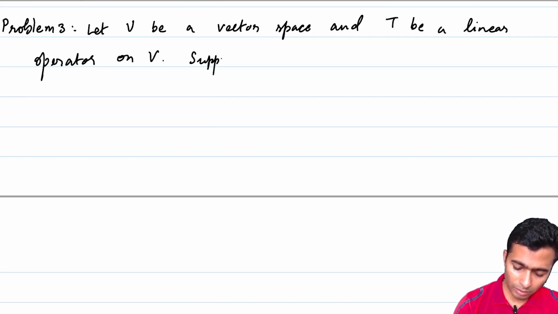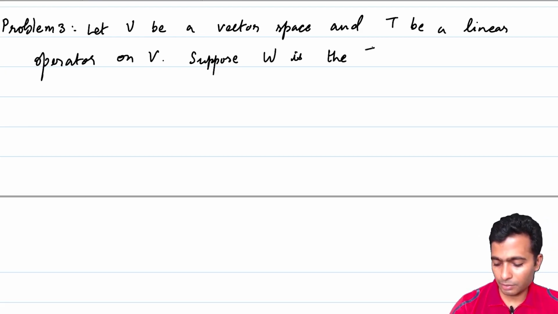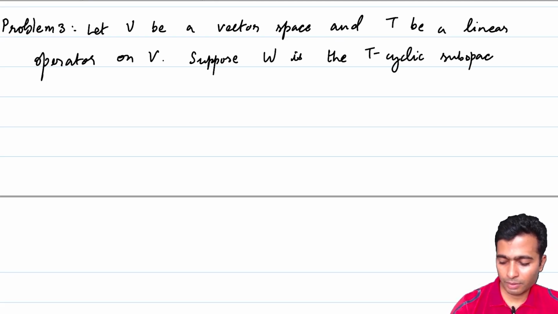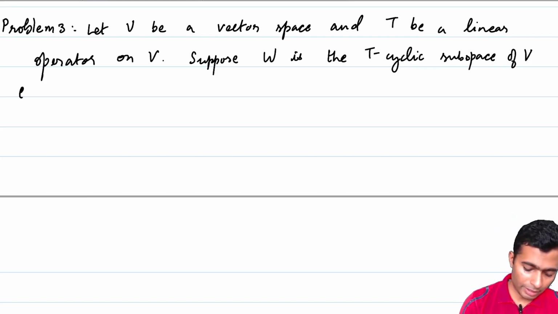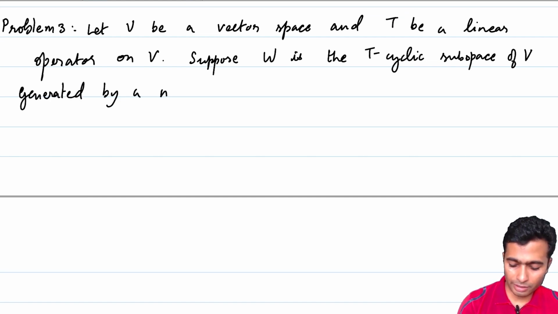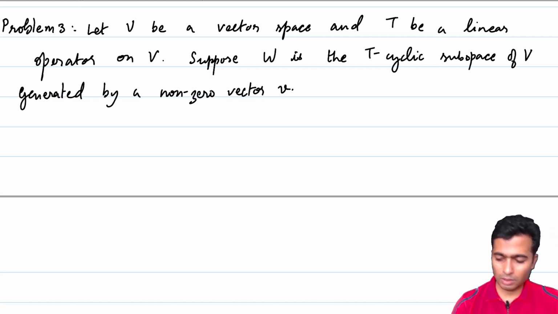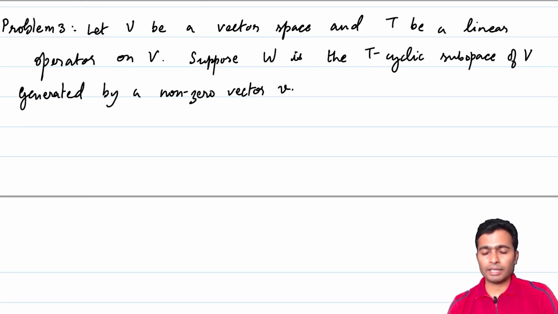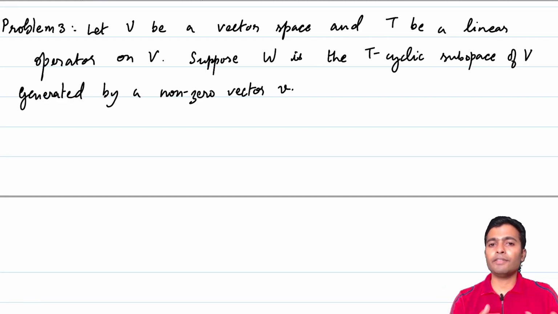Suppose W is the T cyclic subspace of V generated by some non-zero vector V. Then prove that for every w in capital W, there exists a polynomial g such that g of T applied to V is equal to w.